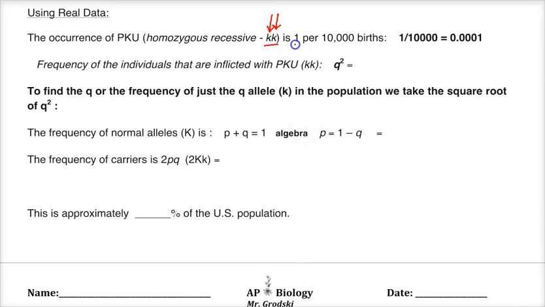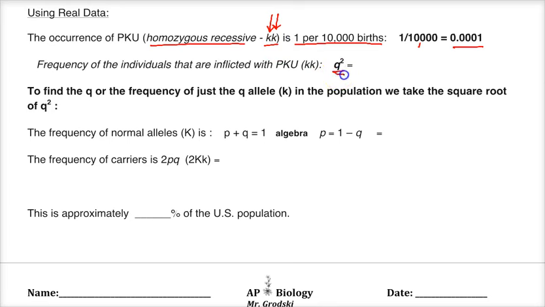We know that currently it's 1 per 10,000 births. So to find the frequency of this genotype, I do 1 divided by 10,000, and I get this value. Now, what does it mean? This is the frequency of these individuals.